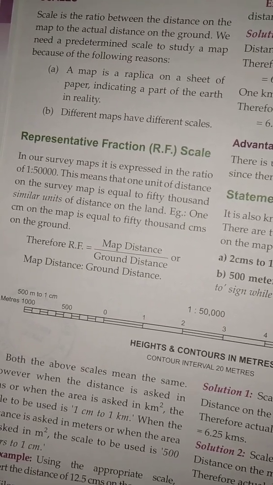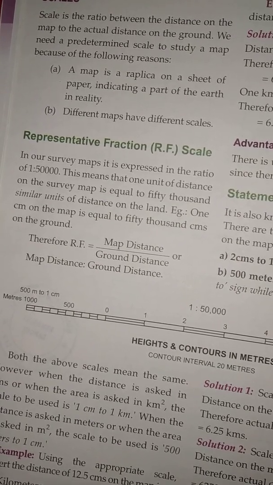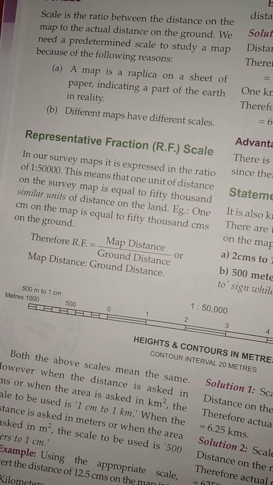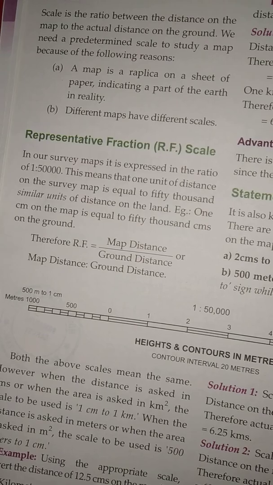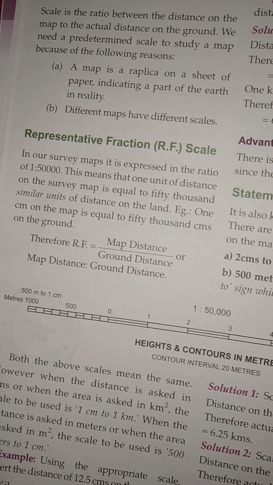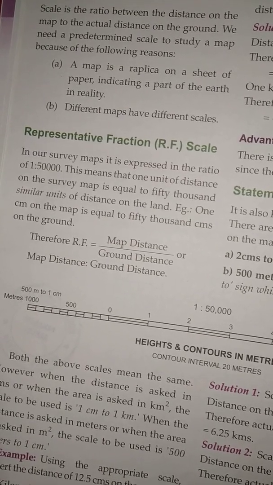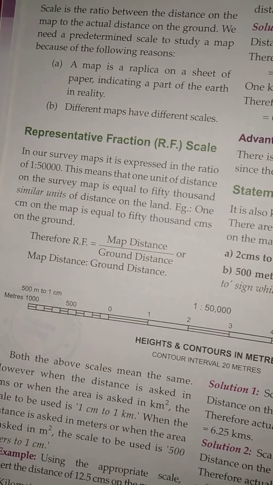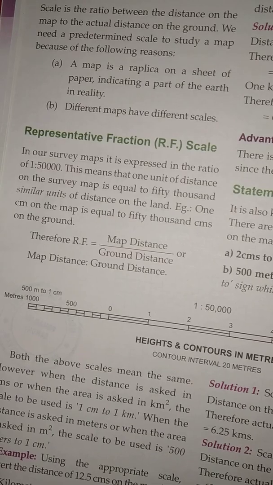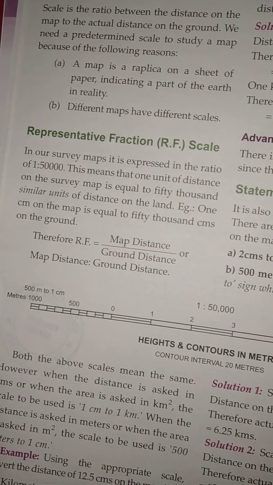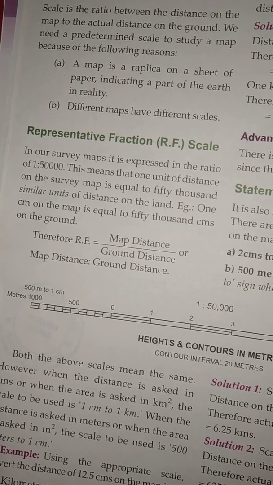So that is the specific thing about representative fraction. It means that we are not using any type of unit. No centimeter, no kilometer. Got? It means that 1 unit of distance on the survey map is equal to 50,000 similar units. If I am saying 1 centimeter, then it will be equal to how much? 50,000 centimeter. Is it clear? That means whatever unit we are using, for map distance and for ground distance also, we will use the same unit.